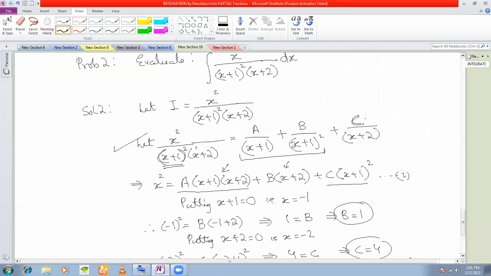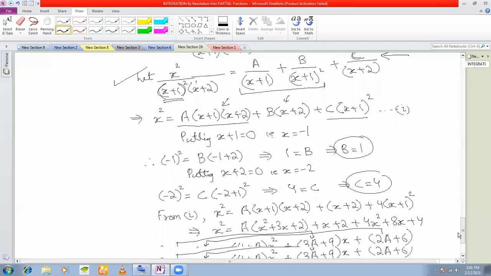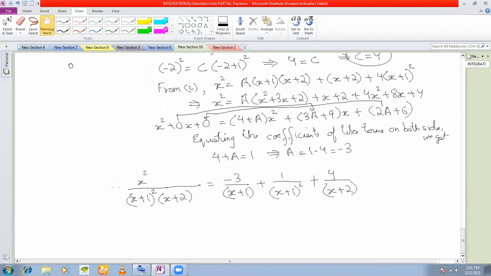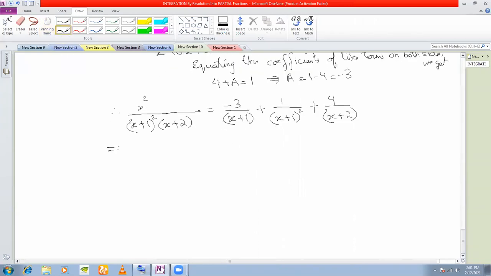I have simply put the values of a, b, and c here. So now that means integration of x square by x plus 1 whole square into x plus 2 dx is equal to minus 3 integration dx by x plus 1, isn't it?